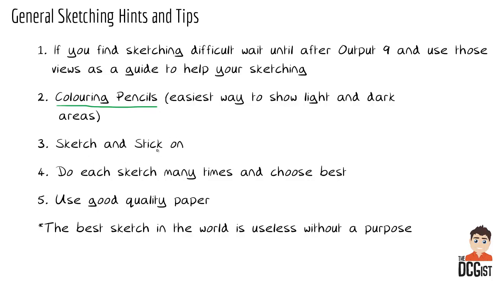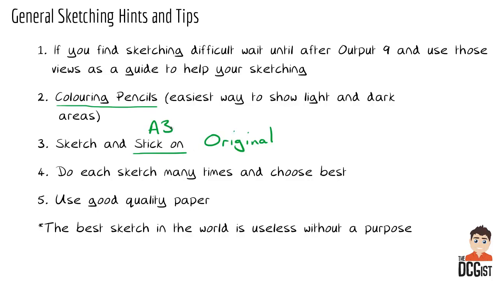Sketch and stick on. So this is all about, in Output 8, all of your sketches need to be original, okay? And what that just means is that you can't scan it in and then place it onto your page. So what you can do is sketch on lots of different pages and then just stick them onto one A3 page.